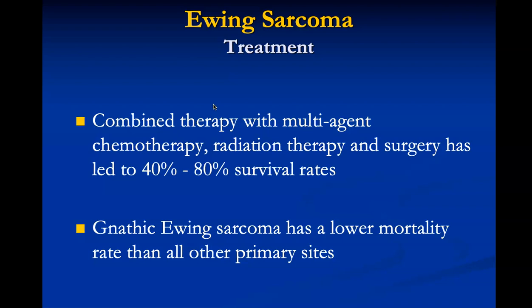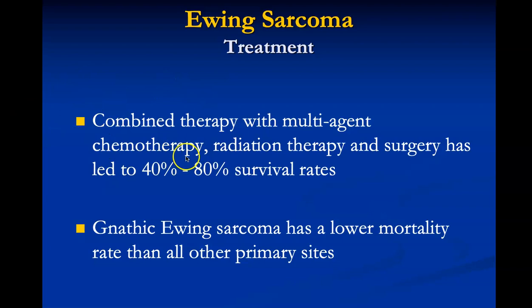Treatment, similar to what we talked about with osteosarcoma, is combined therapy, multi-agent chemotherapy, but in addition they usually do surgery and radiation because this is a fairly bad tumor, which has a very high recurrence rate.